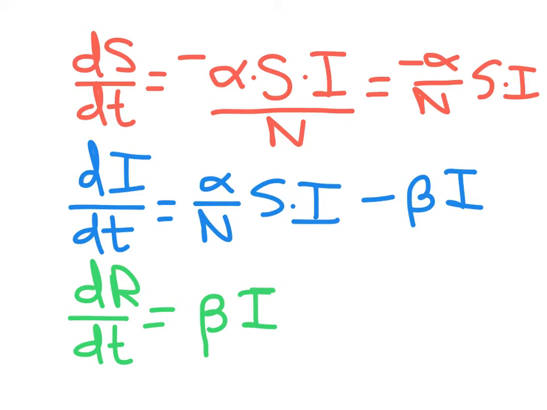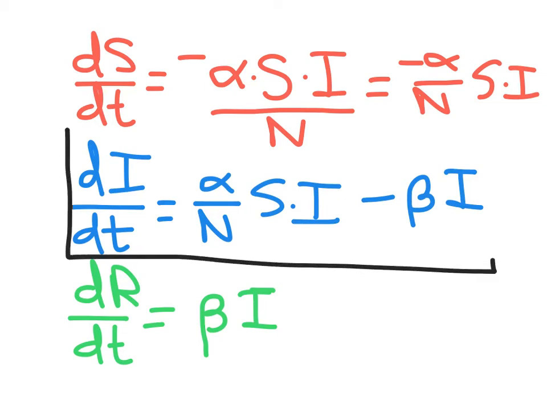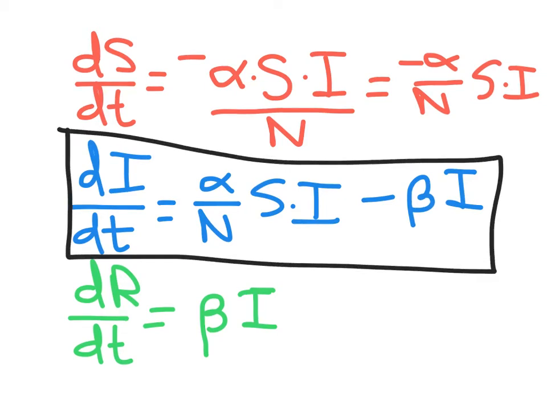And now we have this expression: alpha over n times S times I minus beta I. So the important thing that you're going to want to notice right away is this number of infected people derivative relies both on the number that are susceptible and on the number that are currently infected.